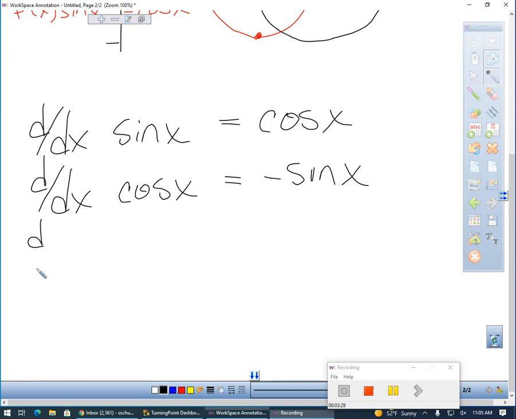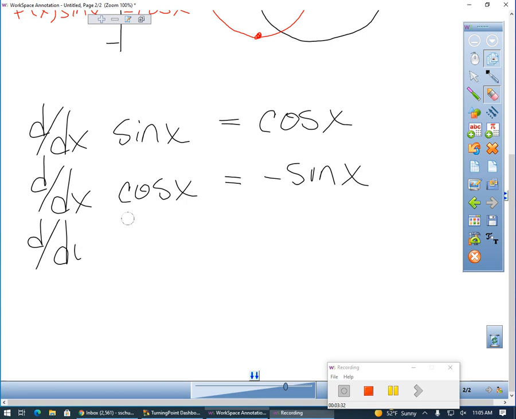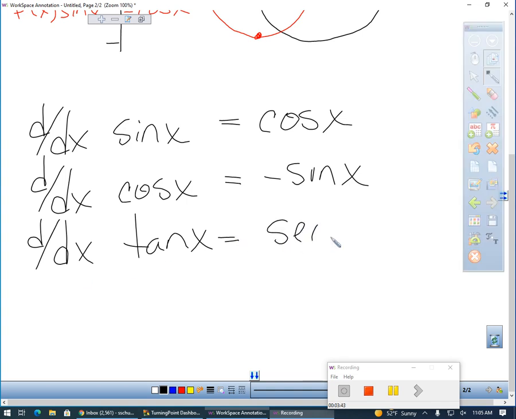The derivative of tangent is secant squared x. Which one do you want to go to next? Let's do the derivative of cosecant x. Move this up a little bit.